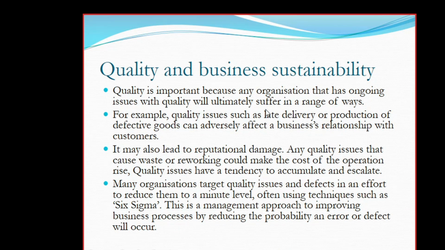So the word late, does 1 day mean late? Does 2 days, 10 days, 30 days? This is an expectation of what you want to offer in your marketing mix. Issues like late deliveries or production of defective goods can adversely affect a business's relationship with customers.